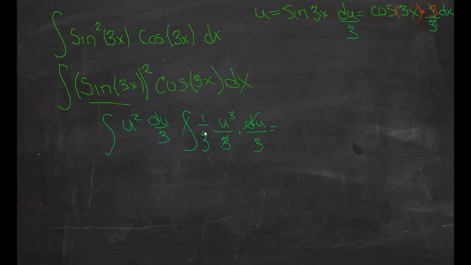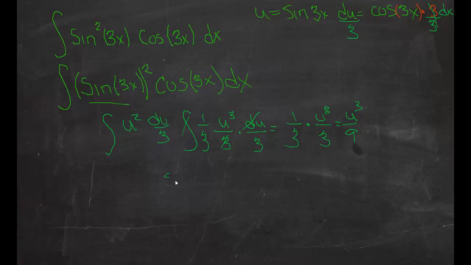And so now we have left 1/3, and we still have our u3, and then we have the 3 here. So we just basically do u3 times 9, and then we're going to go ahead and plug everything back in.